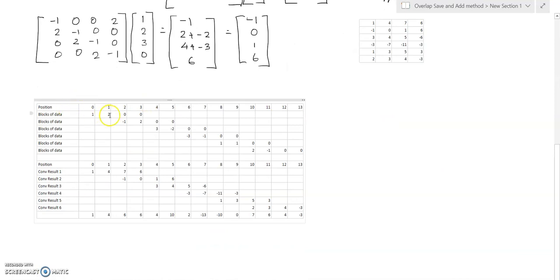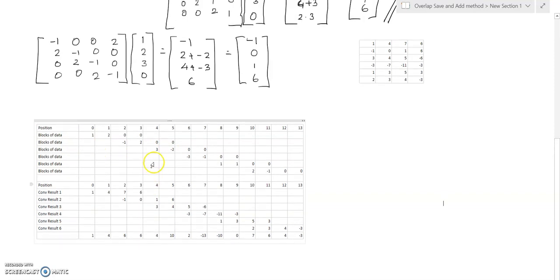This is how we divided the data. We had 1, 2, 0, then -1, 2, 0. These are the blocks of data into which we divided the original sequence, and then we get the results of the convolution. Now these results of the convolution should be written in the same positions. The result of convolution 1 should start from 0.